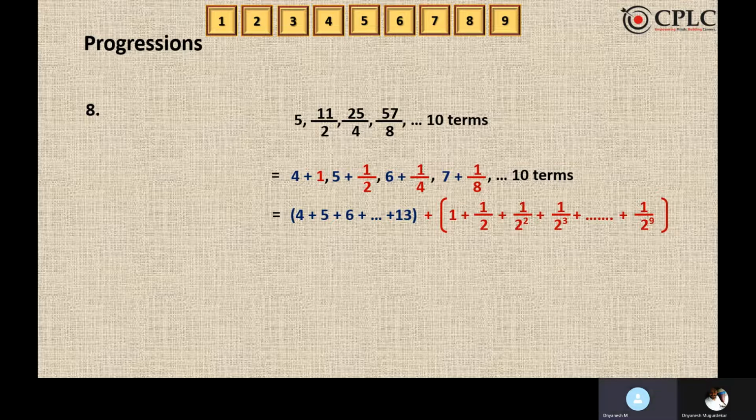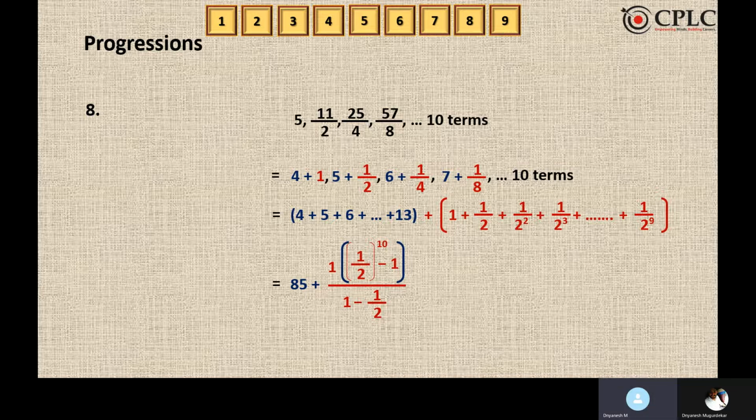For the AP sum, use the formula Sn equals n by 2 into a plus tn, because you know the first number and the last number. 10 by 2 is 5, a is 4, tn is 13, 4 plus 13 is 17, 17 into 5 is 85. For the GP, again you use the formula of Sn, which is a into 1 minus r raised to n upon 1 minus r.